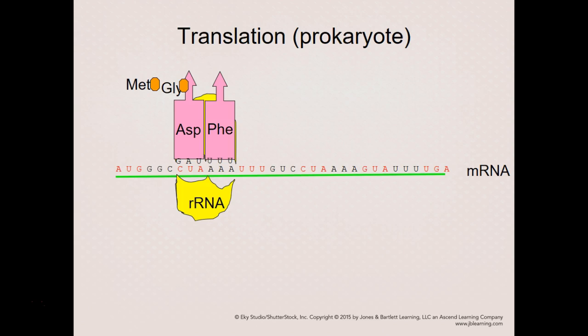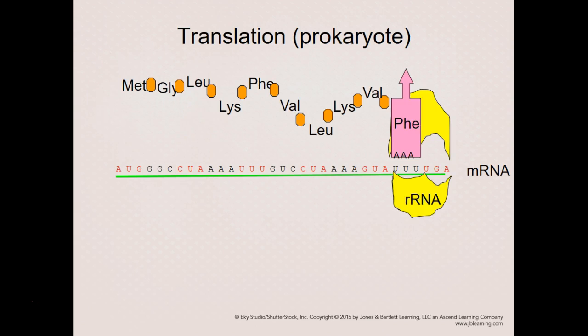Phenylalanine comes along. Methionine, lysine. Hold on. I forgot asparagine there, didn't I? I didn't put it on there. There's leucine, lysine, and so on, all the way to the end until we hit that stop codon, and we have a perfectly functional polypeptide that can be folded into its functional form.